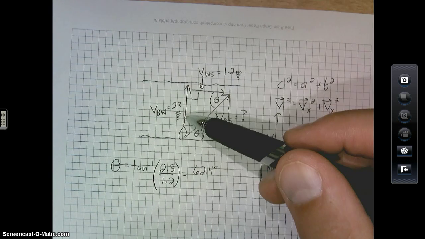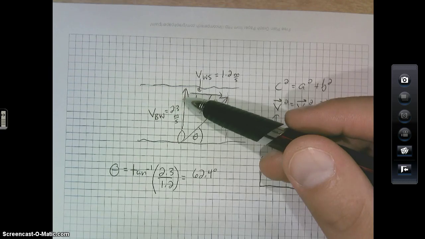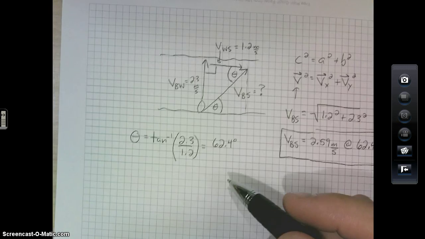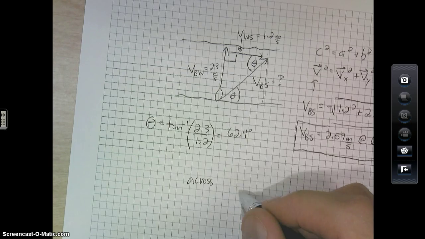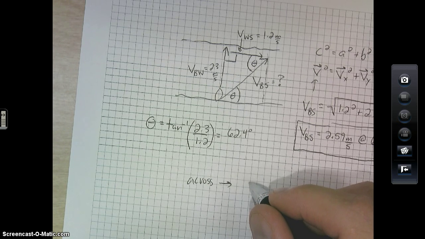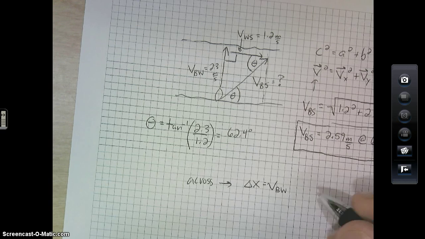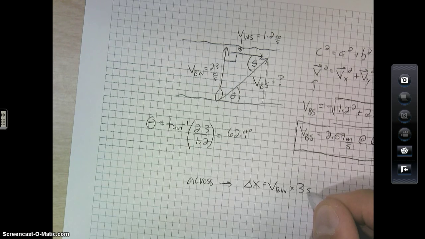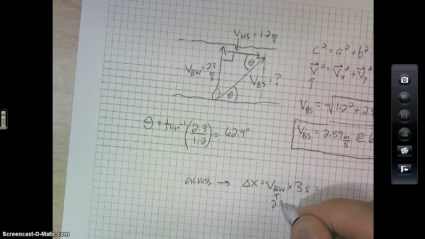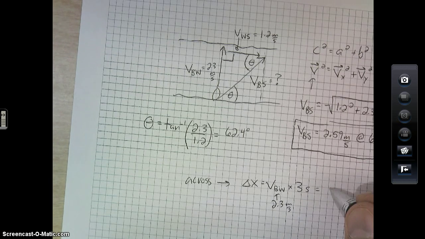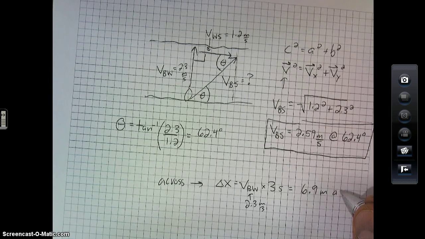If it's traveling at 2.3 meters per second across, then the position across the stream is simply delta x, the velocity of the boat with respect to the water times 3 seconds. Since this is 2.3 meters per second, we can say that it will be 6.9 meters across the river.